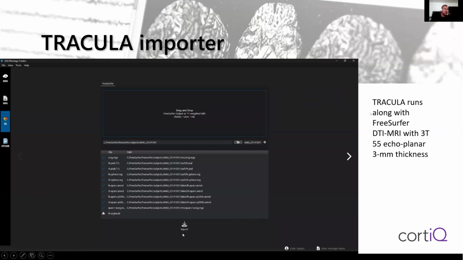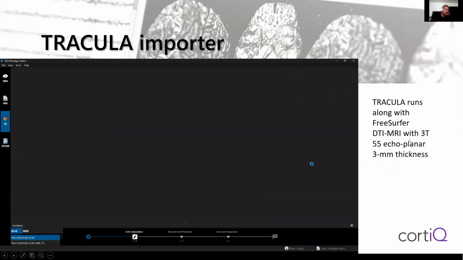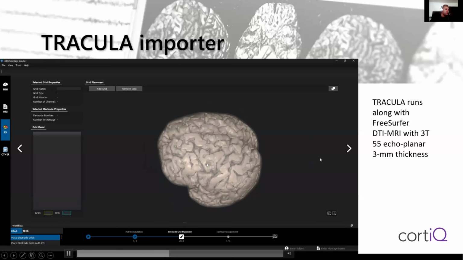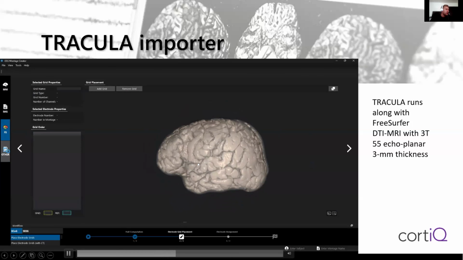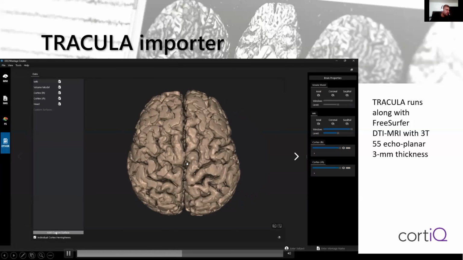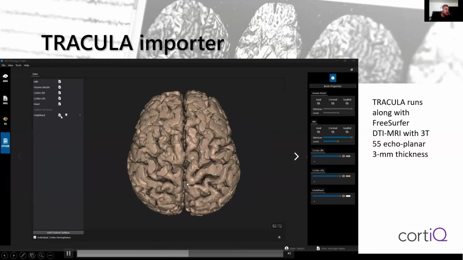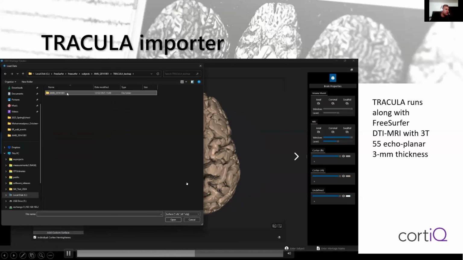For that we need a T1 weighted MRI and then an echoplanar MRI scan, so a DTI scan. When both the FreeSurfer recon and the FreeSurfer Dracula pipeline are done, we can import the output in the montage creator, and then add the fiber tracts as individual surfaces.